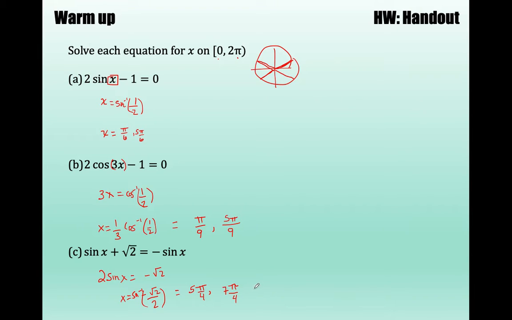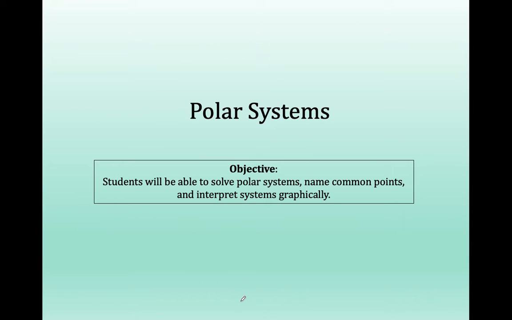Okay, so I don't just do that for no reason. There must be a reason why we had you practice solving trig equations, right? Am I right? Because you're going to need to solve polar systems.